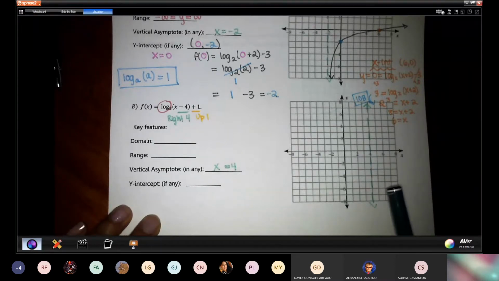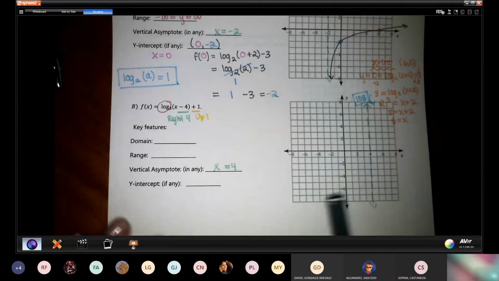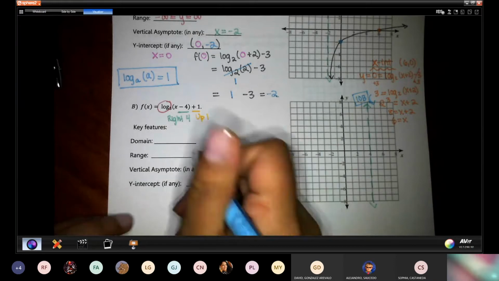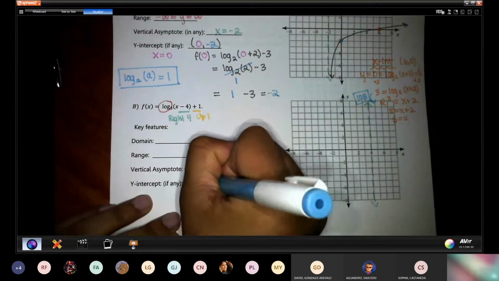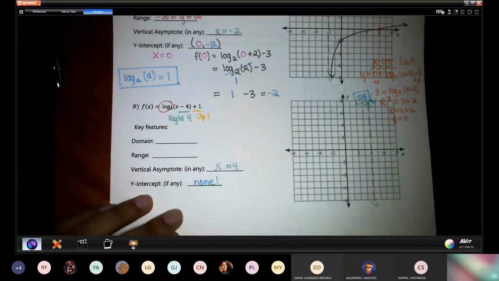Does that make sense? So do we have a y-intercept? No, we don't have a y-intercept, so there is none.